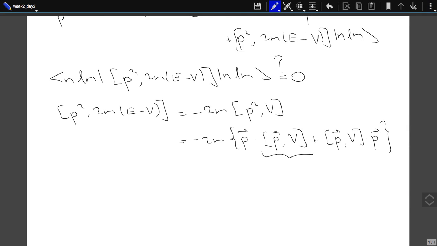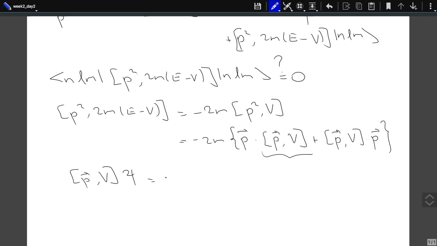So what is this commutator? V is our potential, a function of x. Well, you can just derive it. Let's say this commutator acting on some arbitrary function.